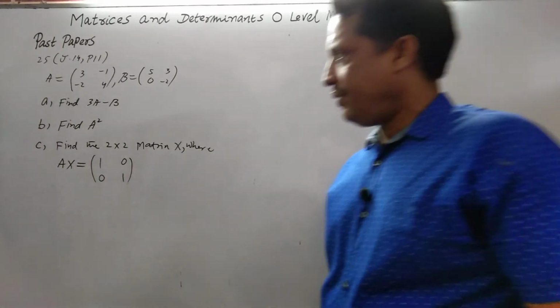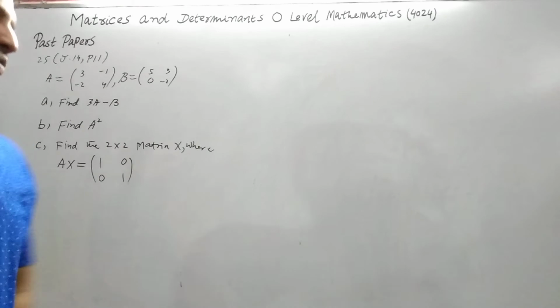What is first part? Find 3A minus B. First part is very easy.